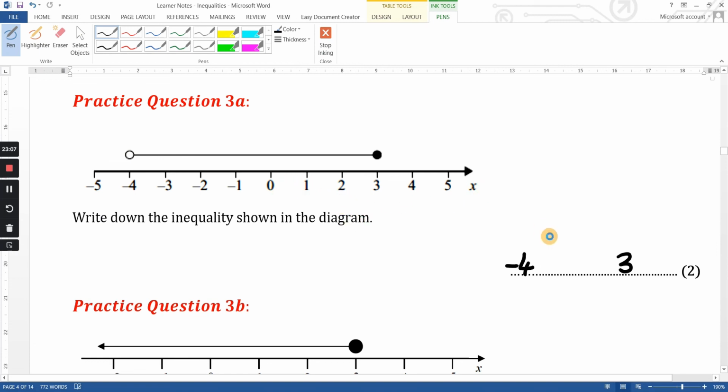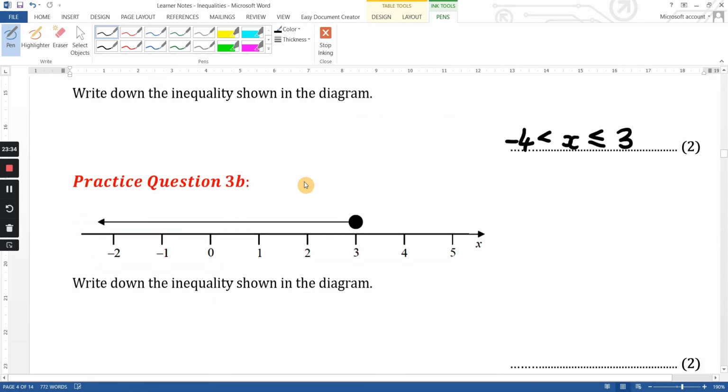And x is going to be in the middle because they've put an x here on the line. -4 is not included, so that's just less than. 3 is included, so that is less than or equal to. Yeah, and that should be your answer. 2 marks for that. Notice that the arrows are always pointing to the left.